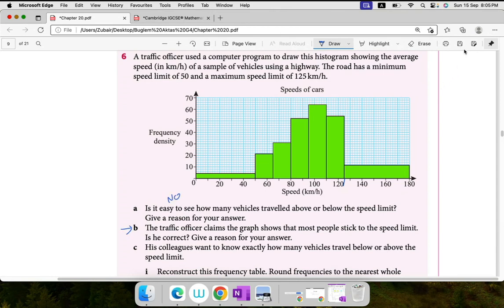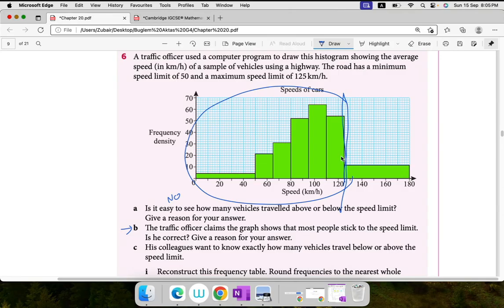D part. The traffic officer claims the graph shows that most people stick to the speed limit. Is he correct? Give a reason for your answer. So if we just look at this, I think this time that should be a yes because maximum area is less than 125.